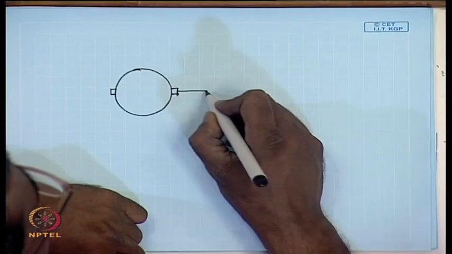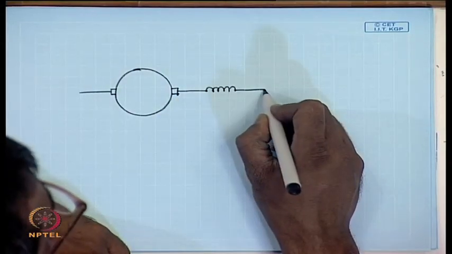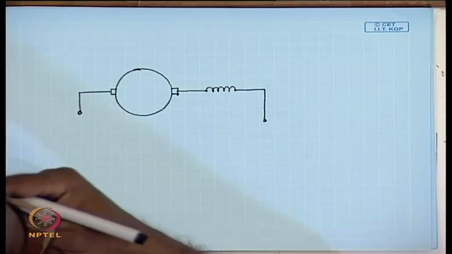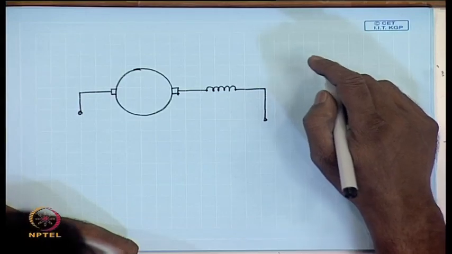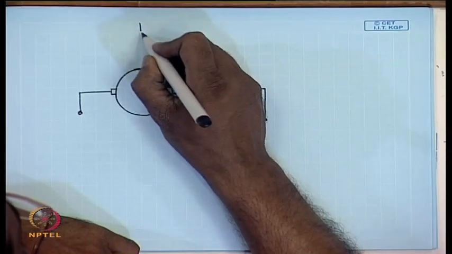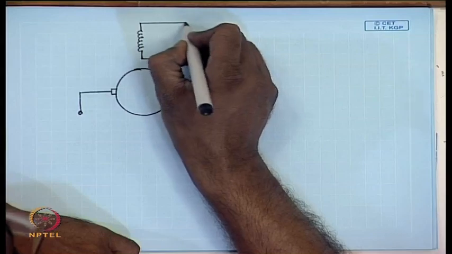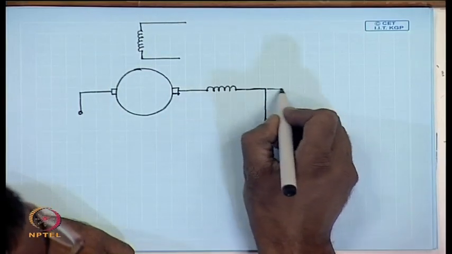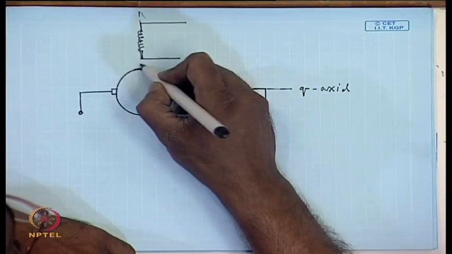The compensating winding is to be connected in series with the brush, while the field winding is separate. The compensating winding is placed on what is called the quadrature or the interpolar axis, the q axis of the DC machine, while the main flux is on the d axis.